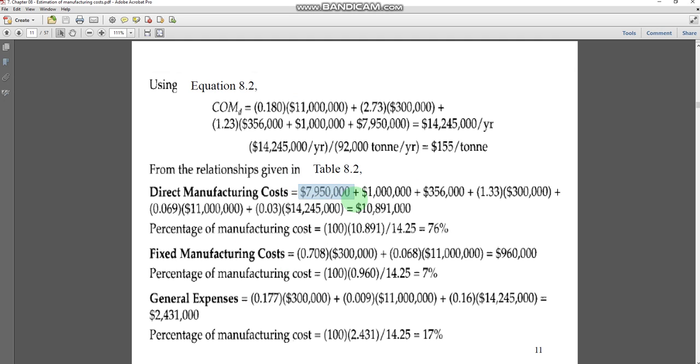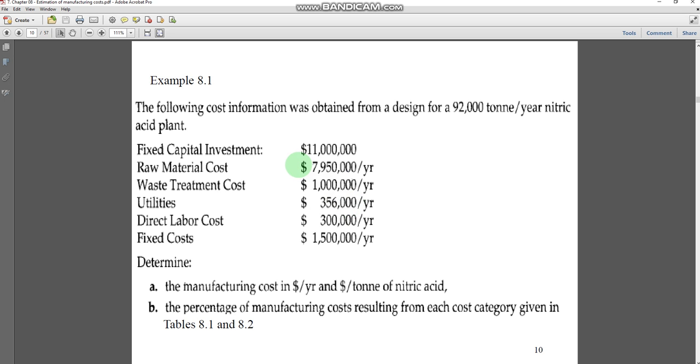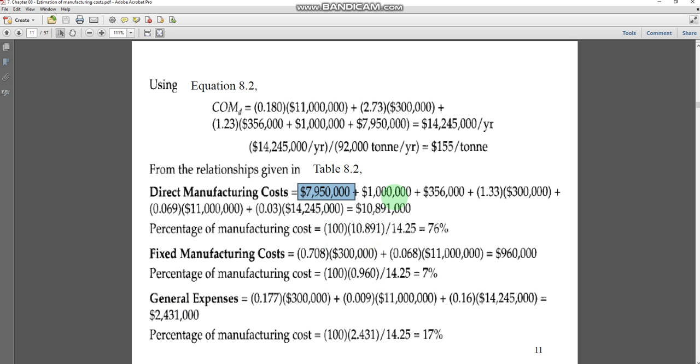So this one is $7.95 million. We have included the cost of the raw material, then the cost of the waste treatment, then the cost of the utilities. Then 1.33 multiplied by COL, the cost of the operating labor.